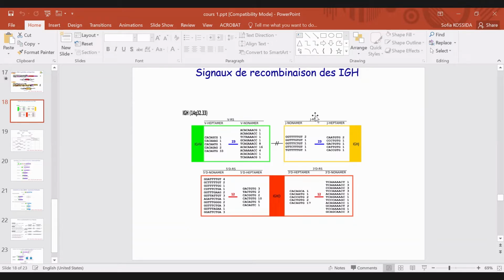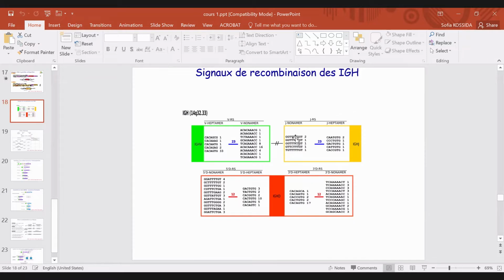On the other hand, there is 23 and 12 in the spacer distances here. A J gene can recombine with a diversity gene, and that is what happens at first.